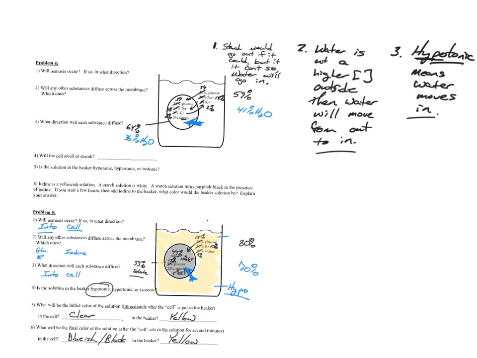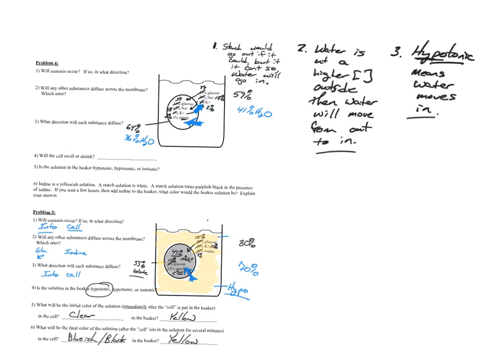Even if we don't diffuse it equally, we still see that water goes. Sometimes it changes the problem. We saw that in problem 5: our initial analysis was that the outside was hyper, but then after the diffusion occurred, it was hypo.